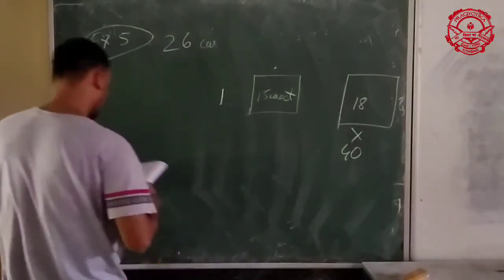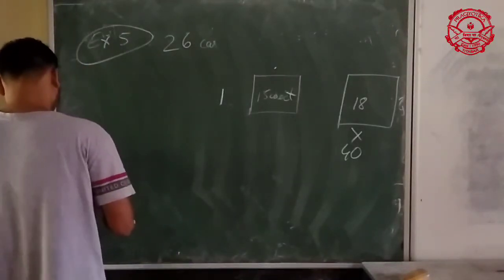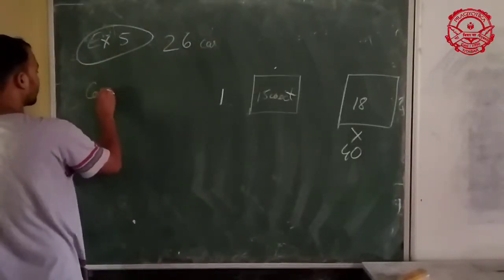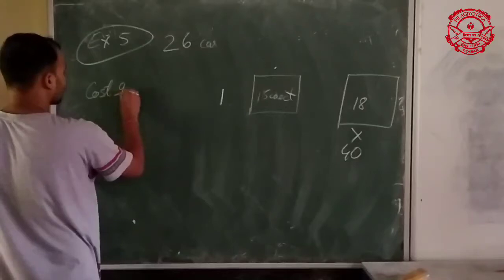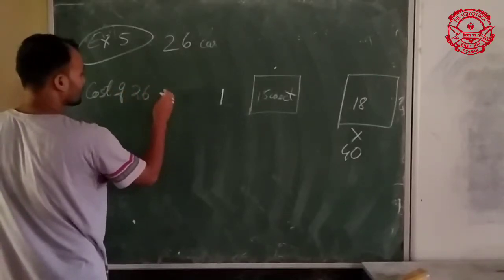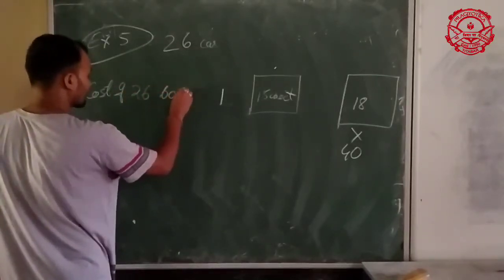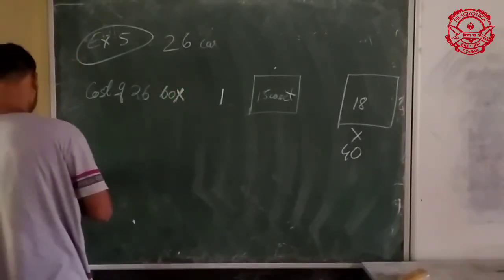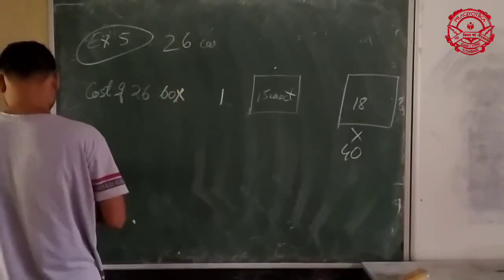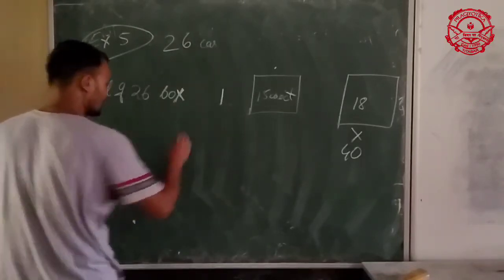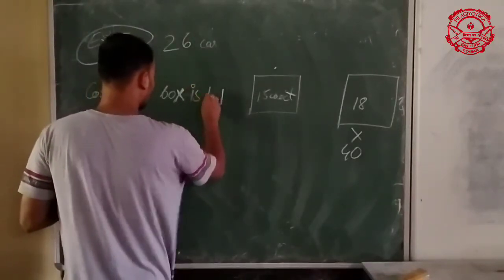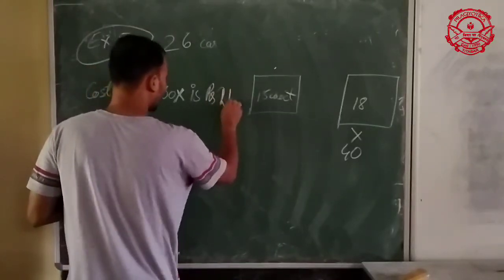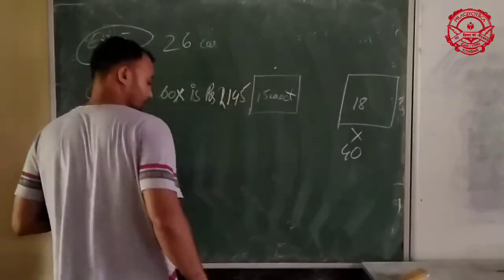Now see, the cost of 26 cartons or boxes is rupees 2145. Fine.